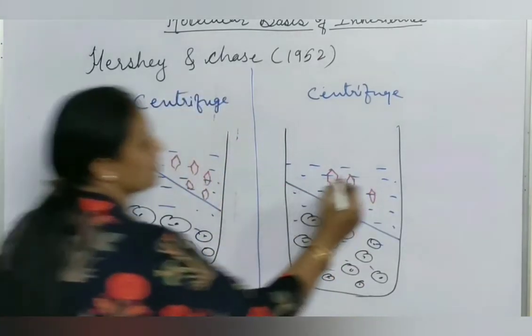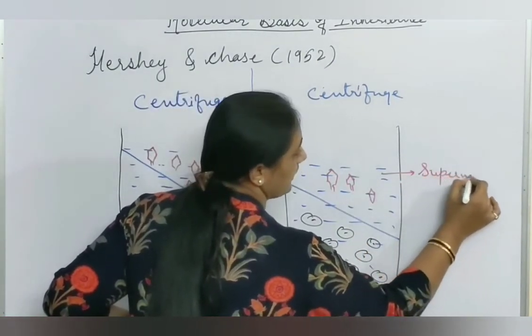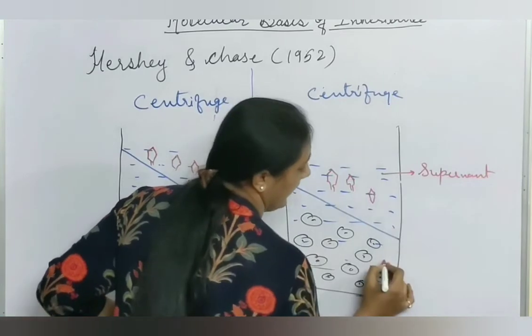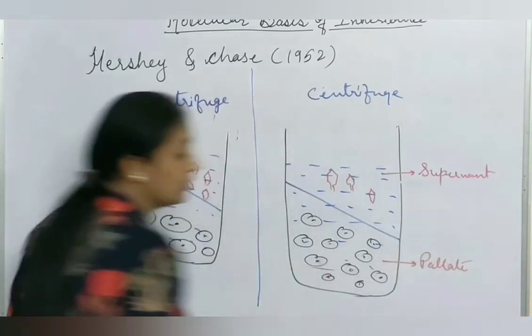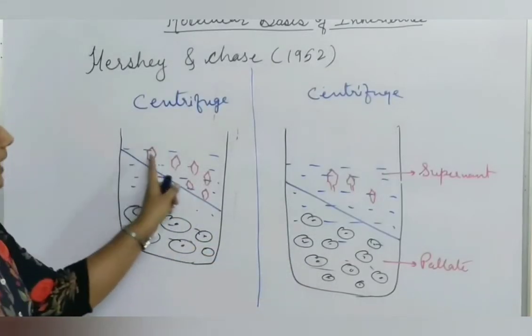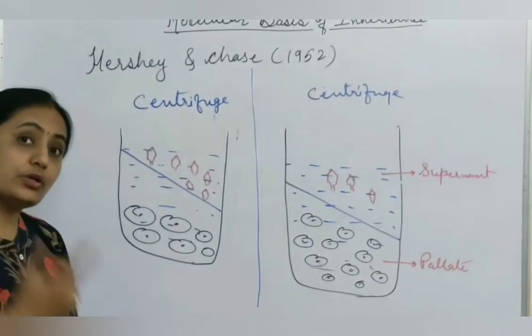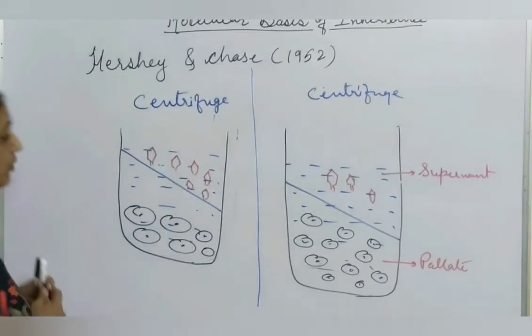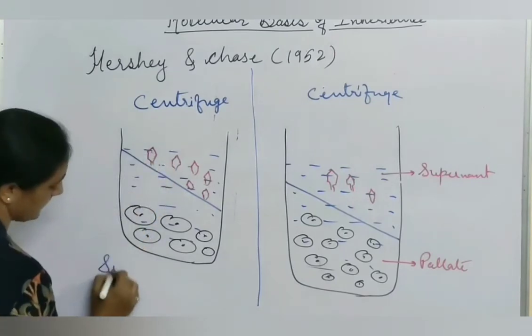This upper part is called the supernatant, and this lower part is called the pellet. So all bacterium were present in the pellet and protein shell was present in the supernatant.